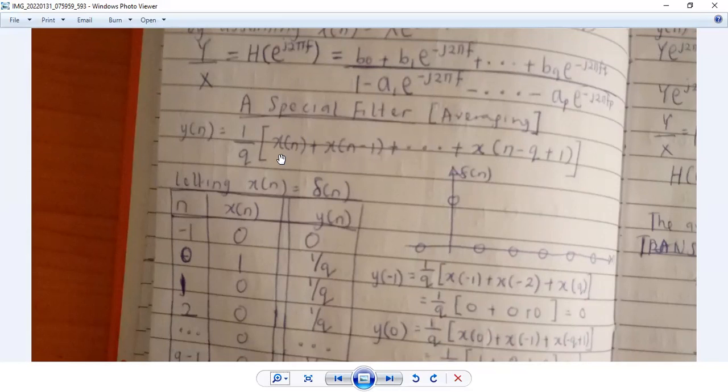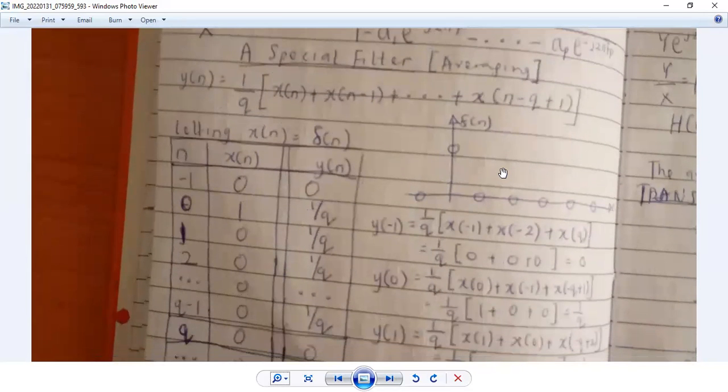So this is a FIR filter, finite duration impulse response filter, because its output doesn't depend on the past values of the output. Its output just depends on the inputs. So that's why it is a FIR filter.